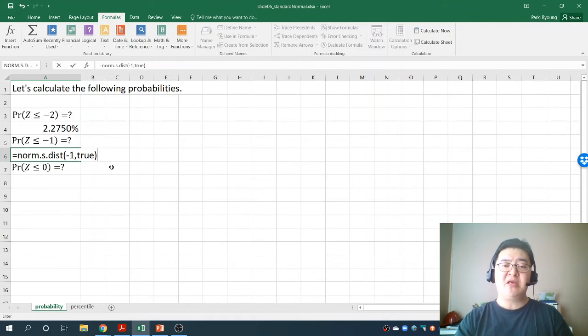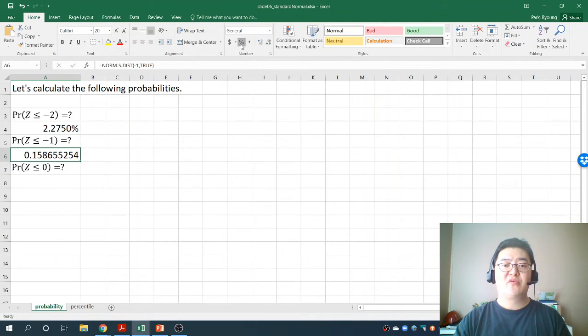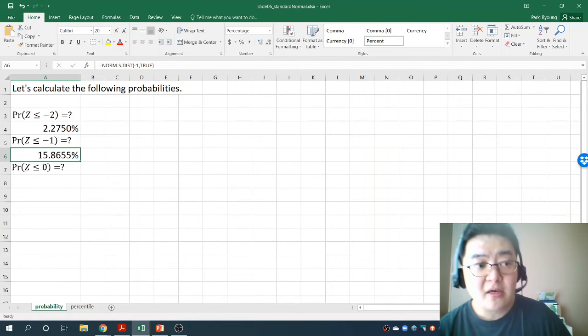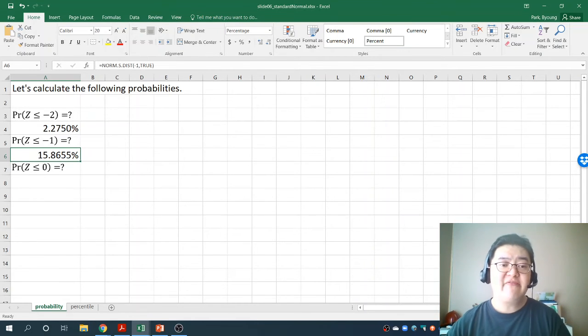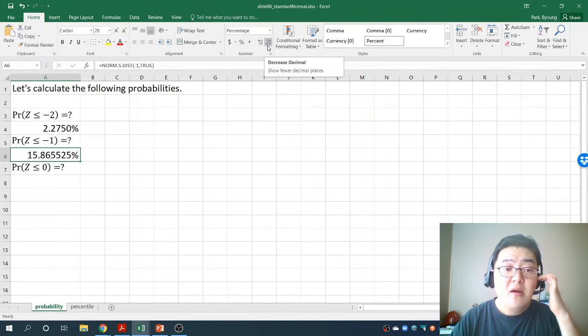And true means you are looking for the cumulative probability. And it is this number. I will change the format. So the probability of being smaller than -1 is 15.8655%. Right? You can make it more accurate if you want.